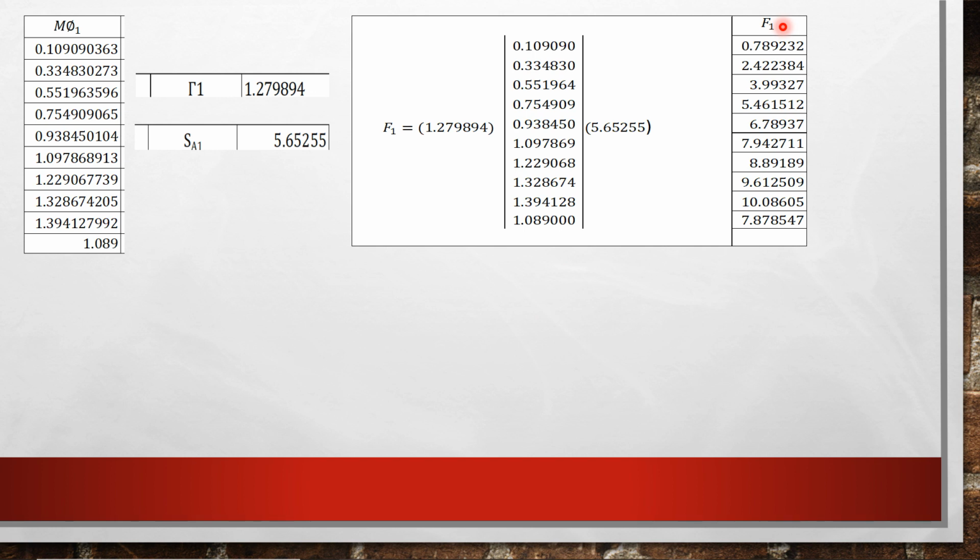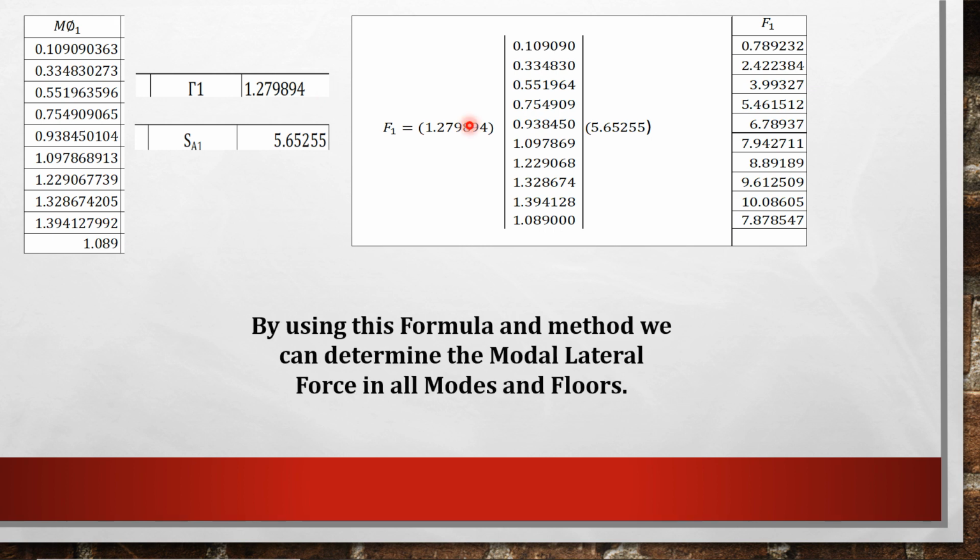So, ito yun. 10 ito, no? 1, 2, 3, 4, 5, 6, 7, 8, 9, 10. 10 by 1 vector. So, using this process, using this formula for all the modes, by using this formula and method, we can determine the modal lateral force in all modes and floors.